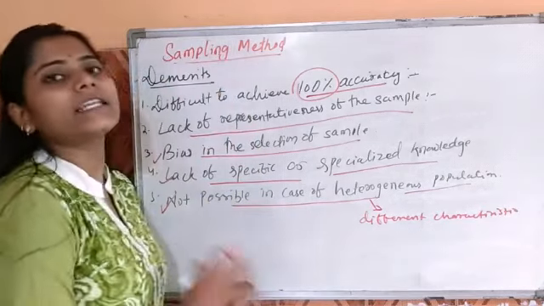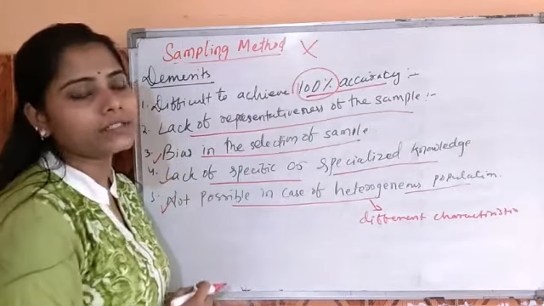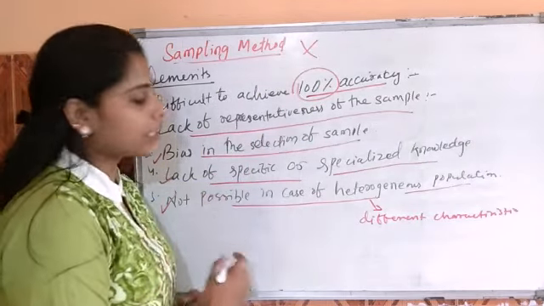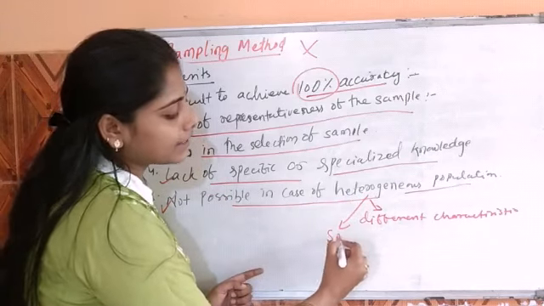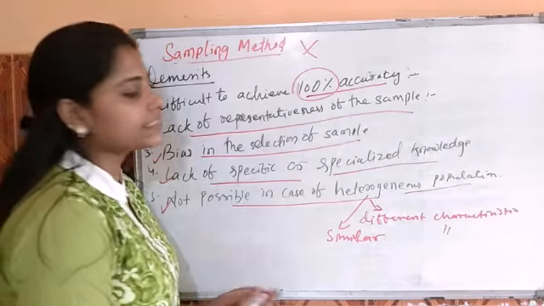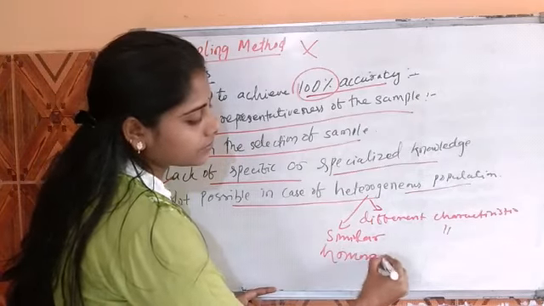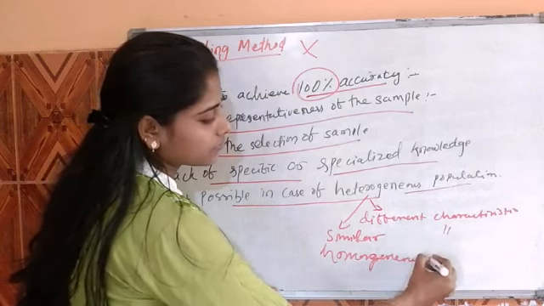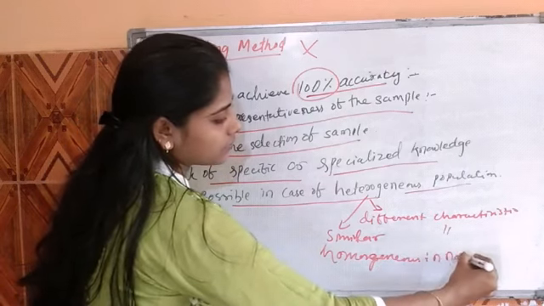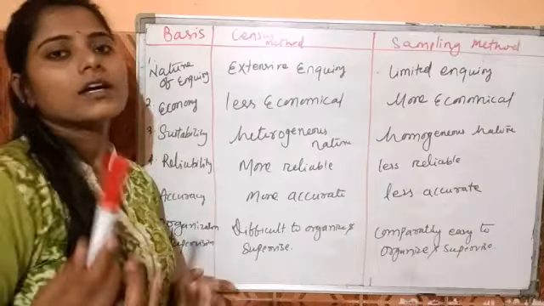When the population has different characteristics, the sampling method is not suitable. It is suitable when the population has similar characteristics, that is, when the population is homogeneous in nature. So these are the demerits of sampling.